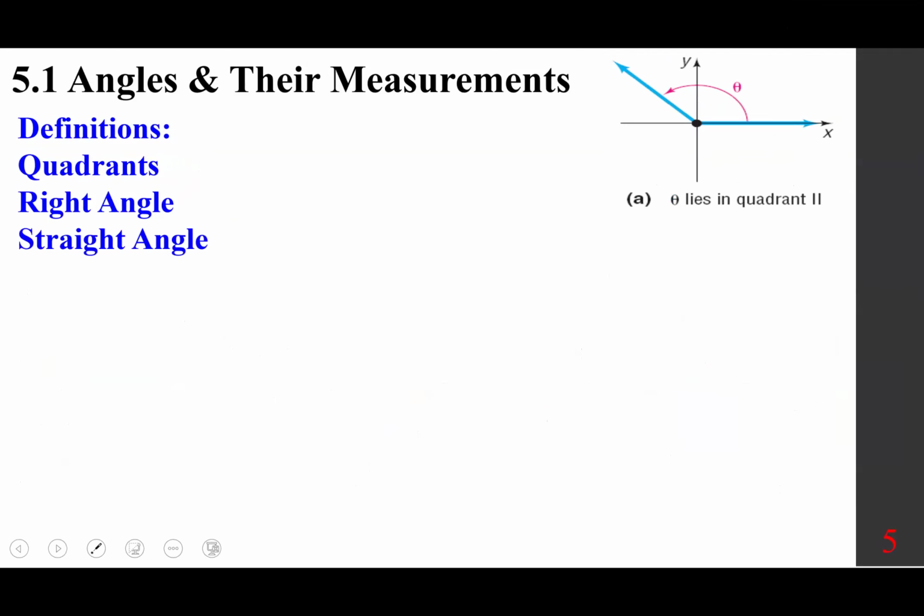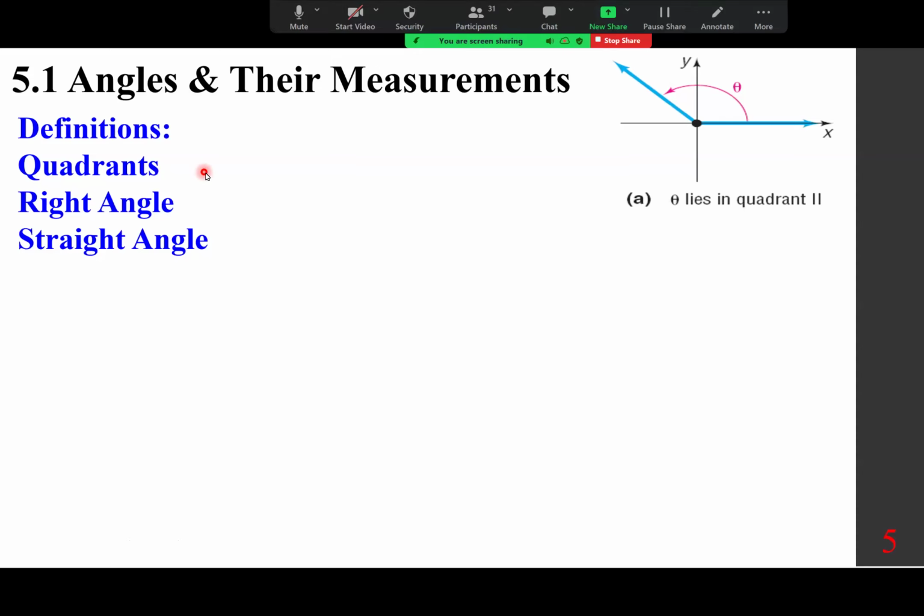Let's continue with the definition of quadrants: right angle and straight angle. So as you can see here, theta lies in the second quadrant. It is the terminal side that gives us the quadrant.